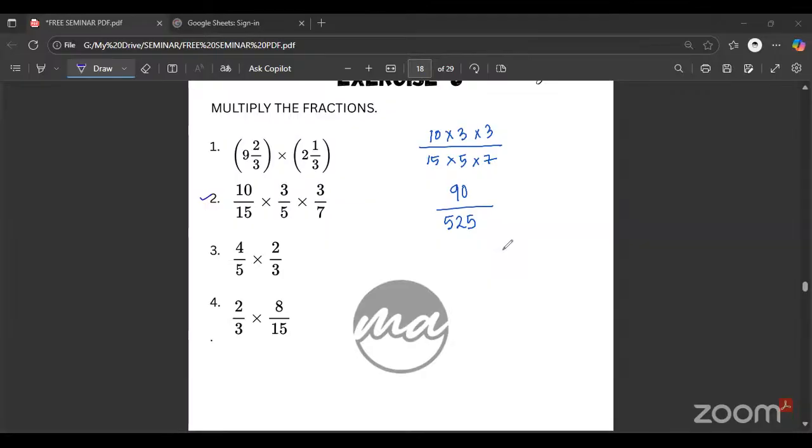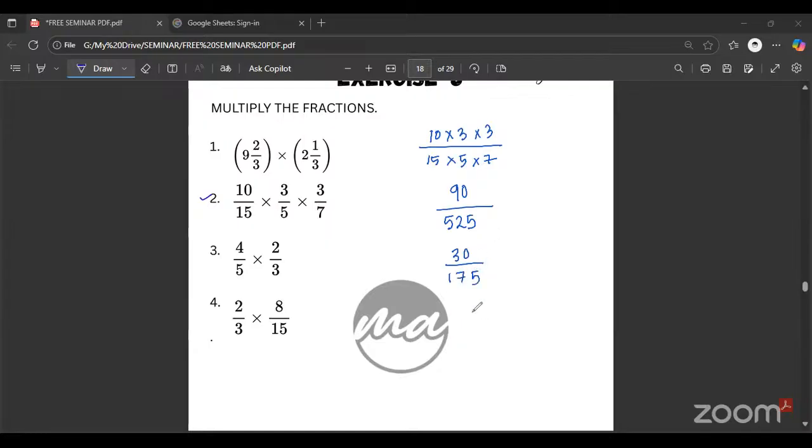I got 30 over 125. Yeah, so now you can divide both of them by 3. So which will be 30 over 175.